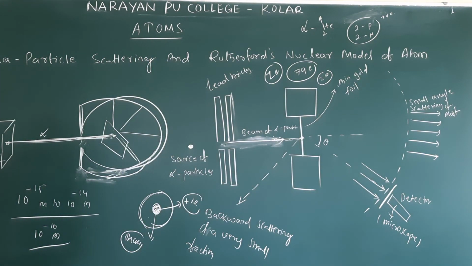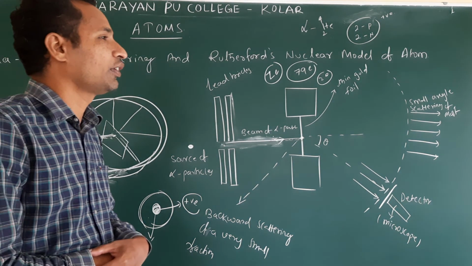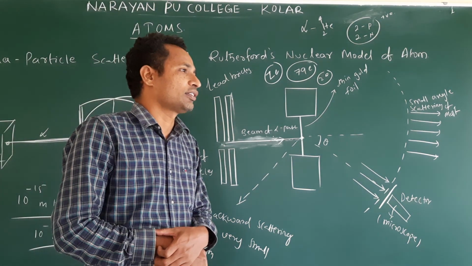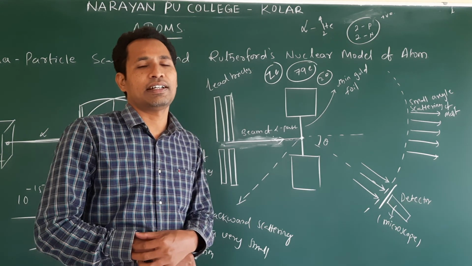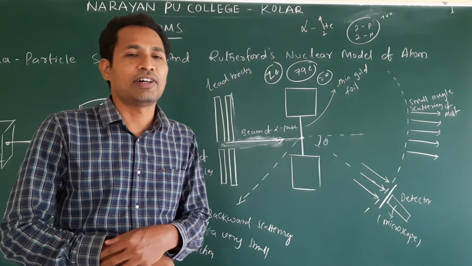Clear? The nucleus is heavier than the alpha particle. You already studied this in collision. In a head-on collision, if the second body is heavier and at rest, when the lighter body collides, what will happen?